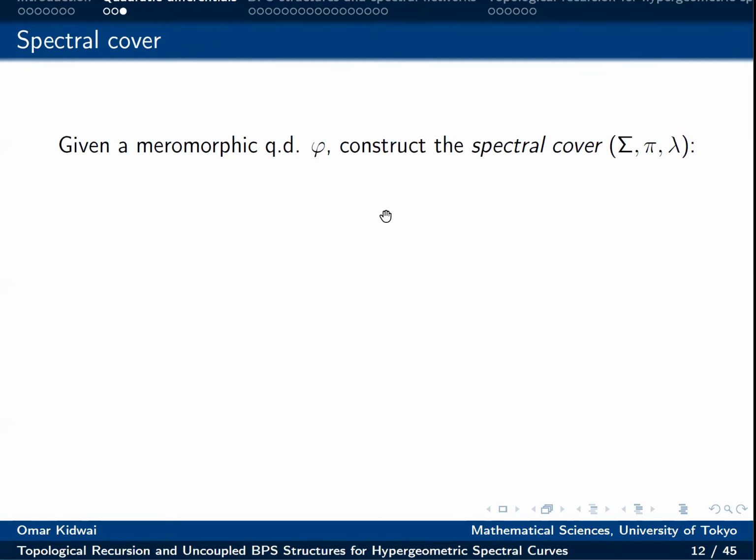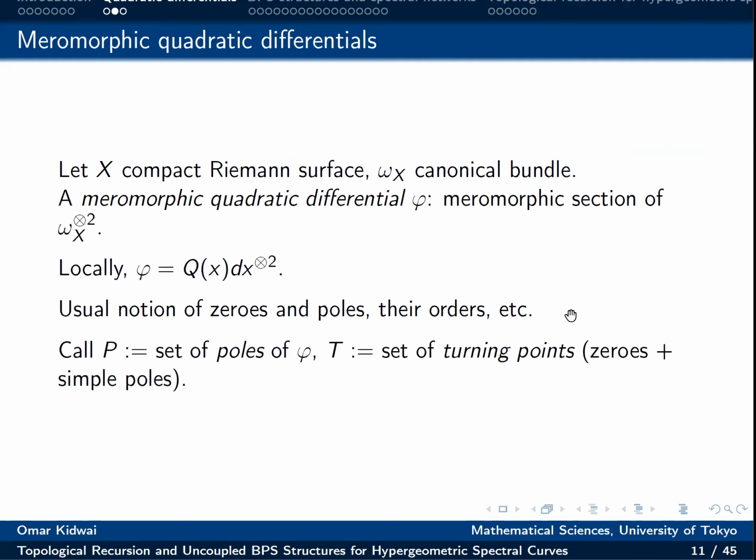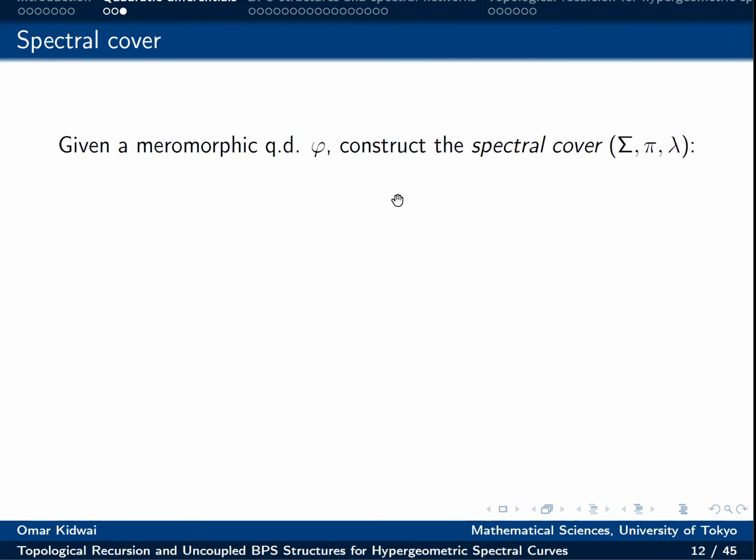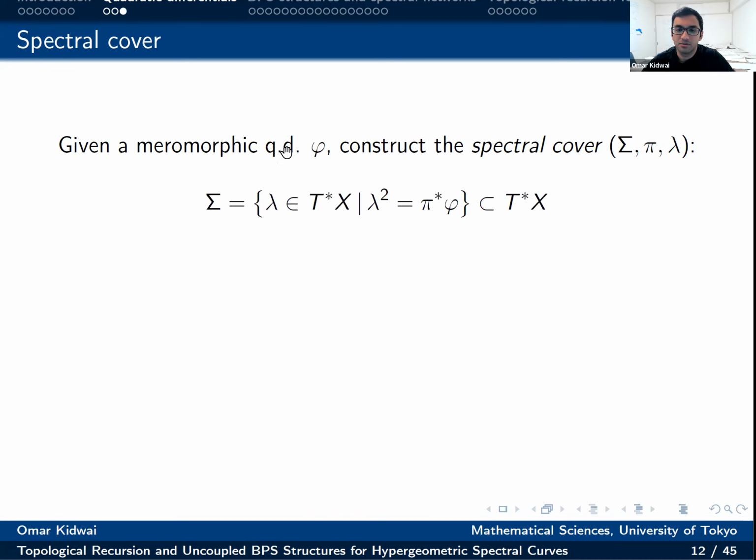Now, given such a thing, given a quadratic— You mean simple zeros, right? Yeah, they're always taken to be simple. I assume everything is a simple zero. So given a quadratic differential, I can construct the spectral cover, which is a curve sitting in T*X. It's given by lambda squared being the pullback of phi.